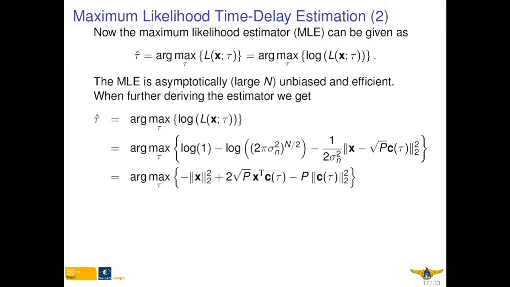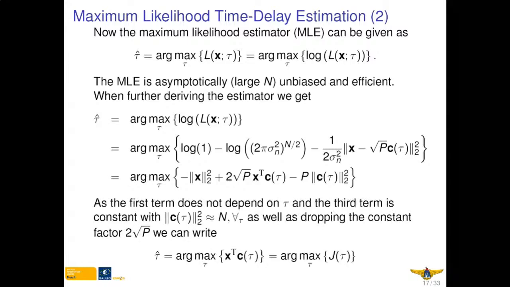While this part, again, is not dependent on tau, we can therefore neglect it in the maximization, and this part is constant. Because for any time delay, the L2 norm of this vector is constant, approximately capital N. So now we can only focus on this part in order to find the maximum over tau.